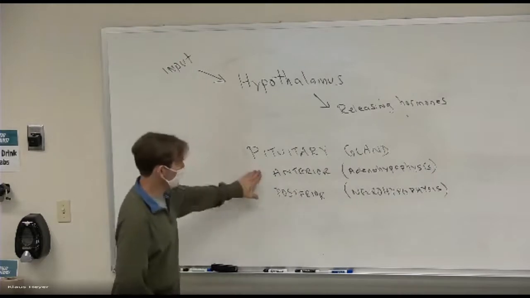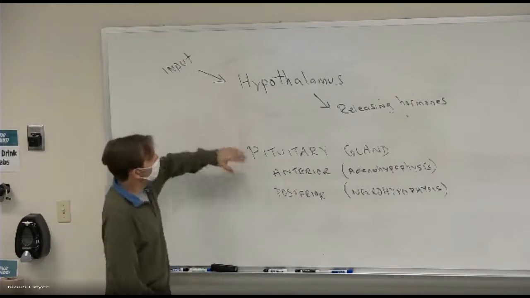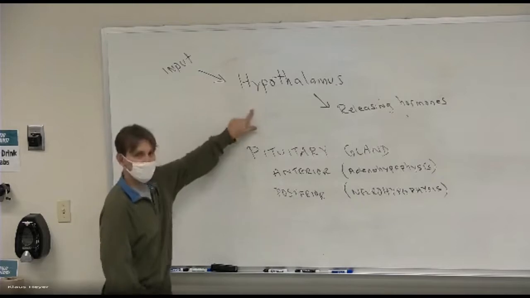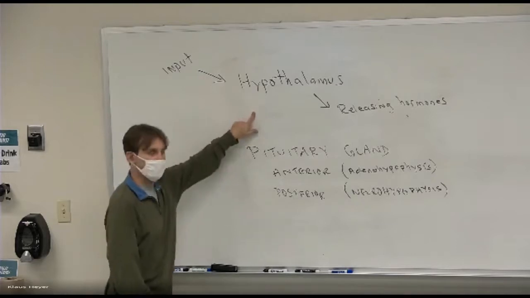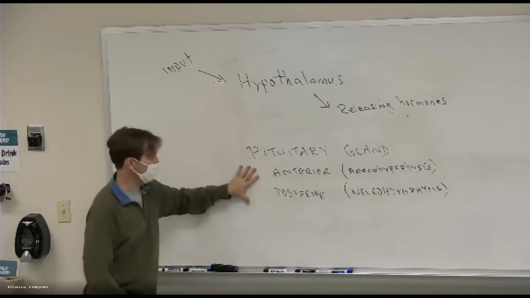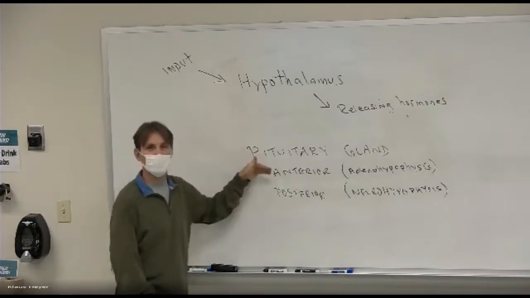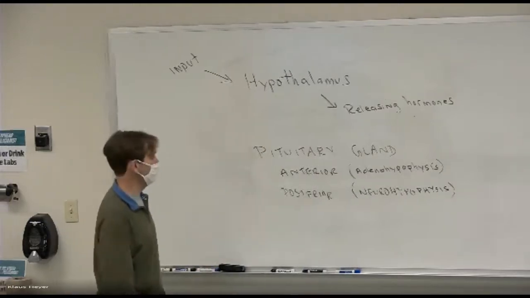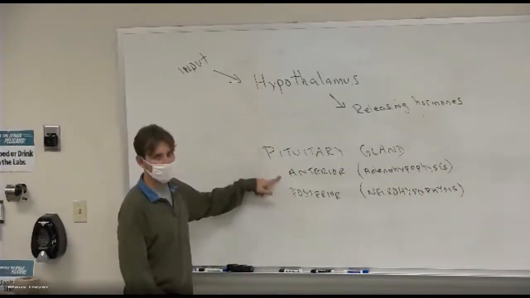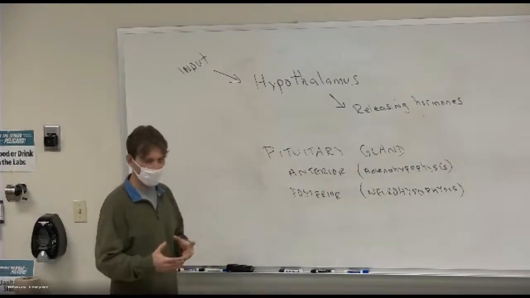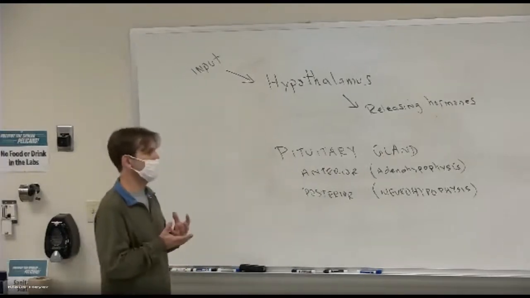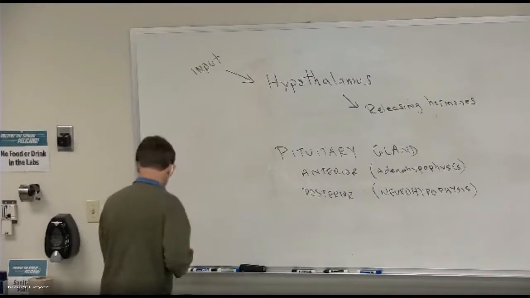So we're going to talk about these two. When I talk about these two, I'm going to tie this in with it. This pituitary gland is going to control other glands. I'm going to talk about the anterior first because it's more complicated. Posterior is easier, so I'll talk about that next.